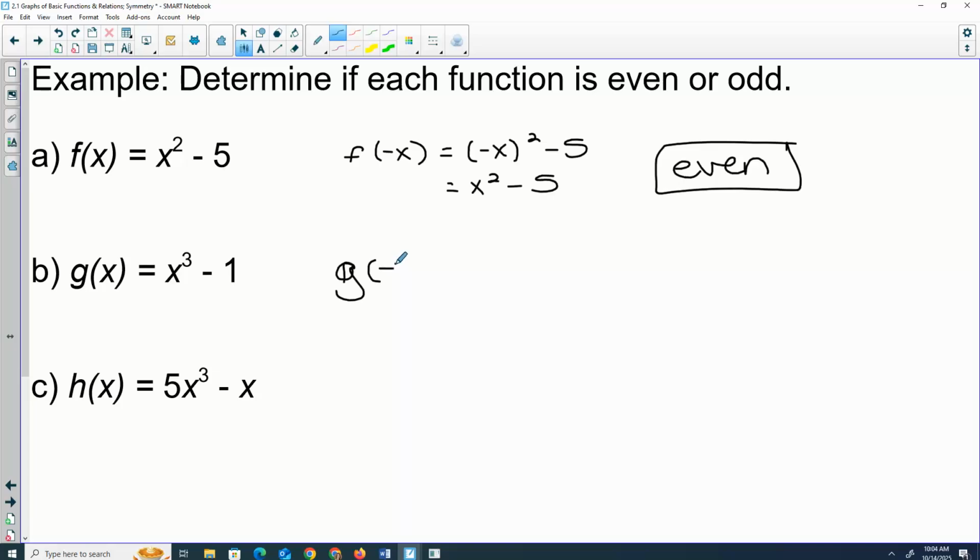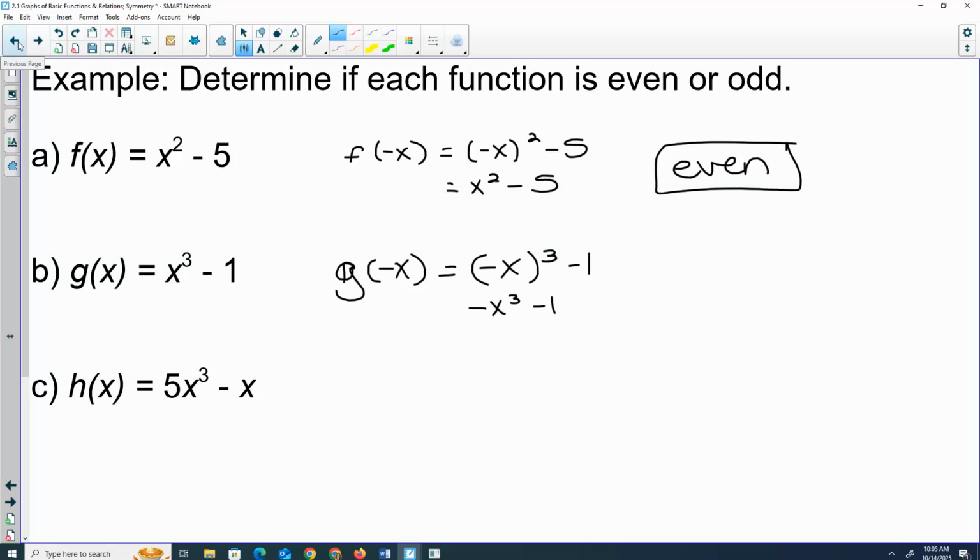This one. If I put in a negative x, a negative cubed is still negative. It's not what I started with, so it's not even. Odd says if you have the opposite.